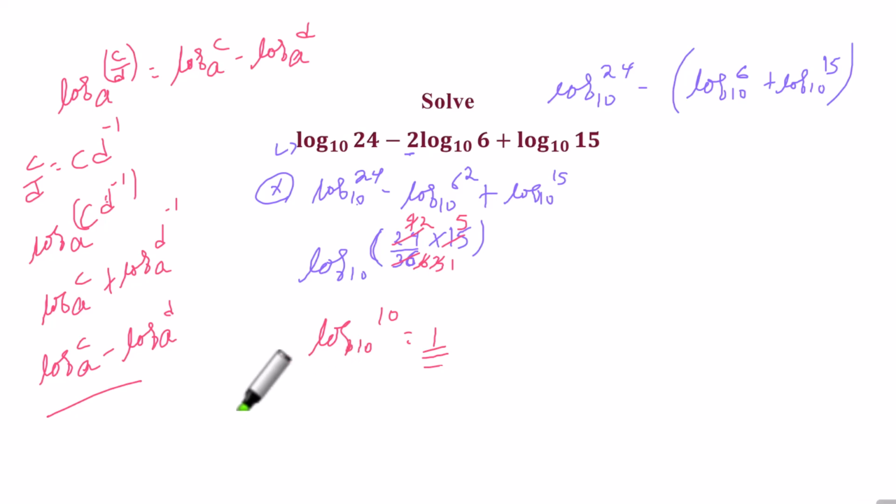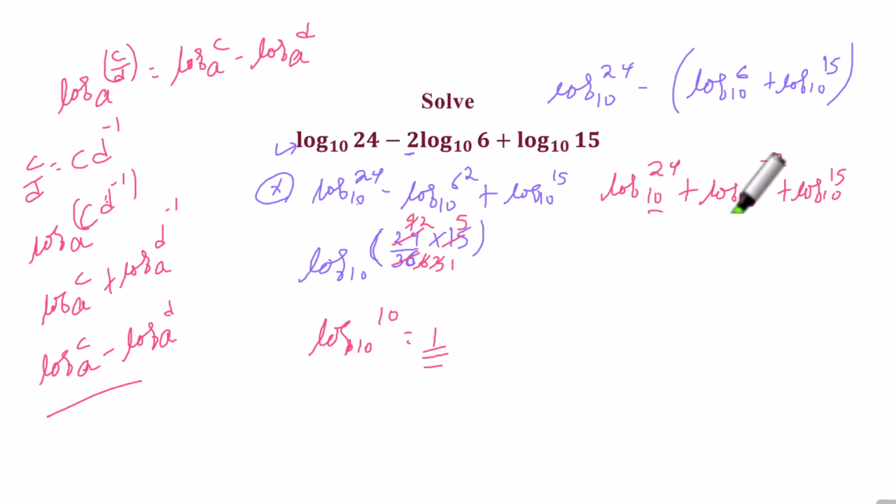This is one method. The other method, you can use the product rule like this. First I can write logarithm of 24 in base 10 plus logarithm of 6 to the power of minus 2 in base 10 plus logarithm of 15 in base 10.